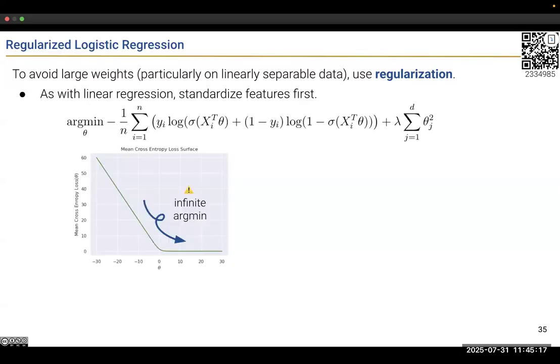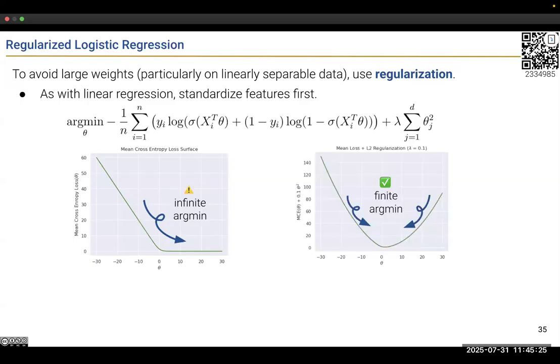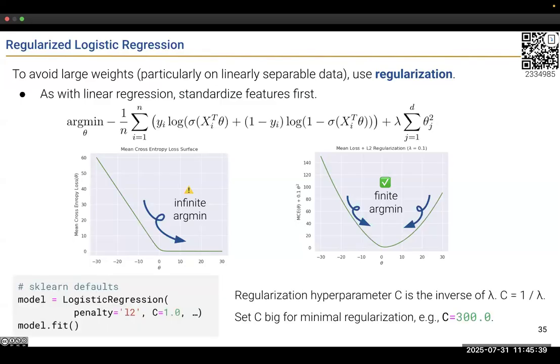So instead of going down this slowly downward slope for infinity, this is your loss surface for ridge. Now you have a minimum to tend to, and your gradient descent can converge.